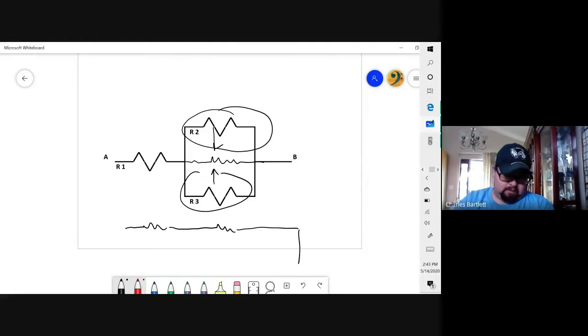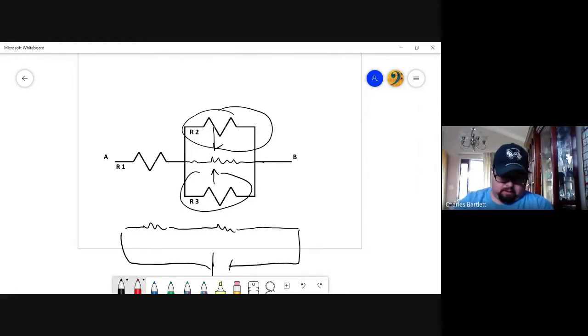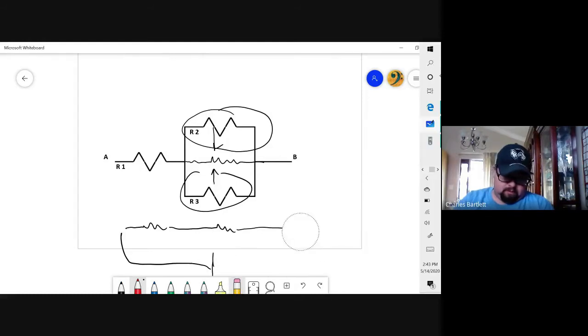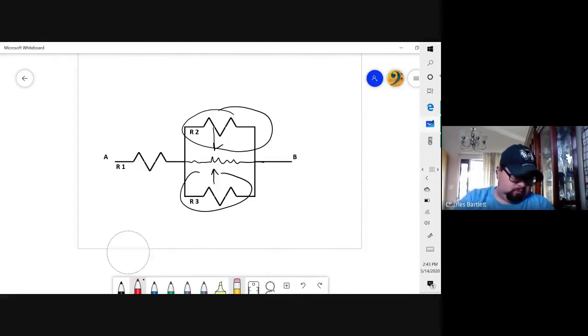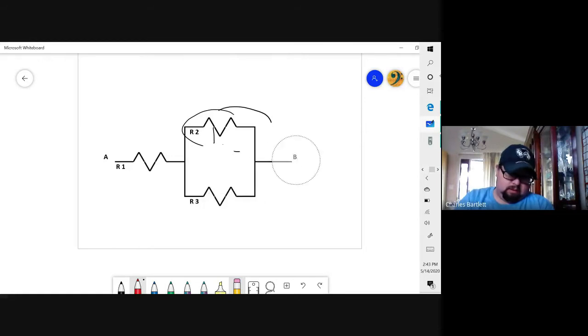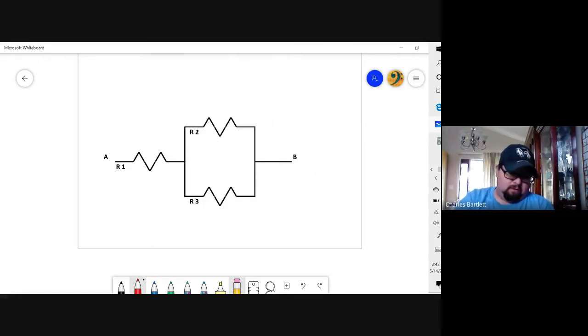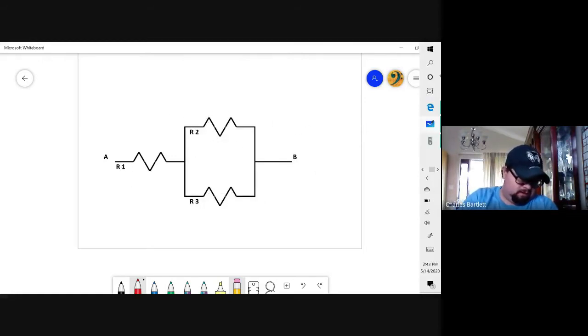Then you have to use your imagination to put the batteries in. And what were our values? We went with 50 for R1, 100 for R2, and 100 for R3.